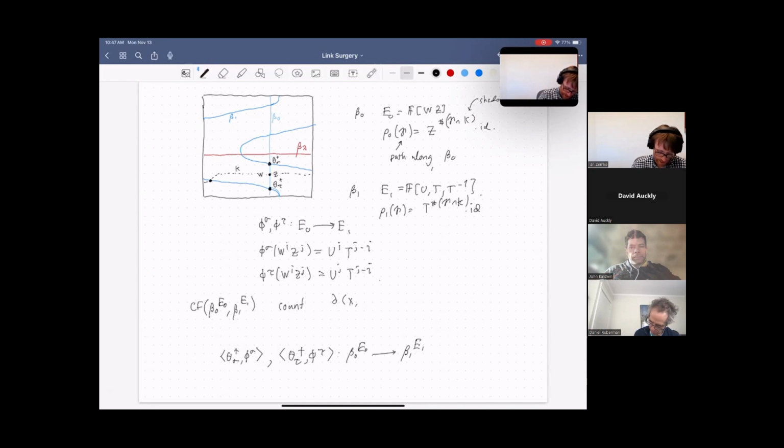We're going to sum over y. Let's say if I have a disk from x to y, then what are we going to do? We're just going to count. Let's say this is beta 0 and this is beta 1. I'm going to count the intersections with k and mark them here, and I'll count the intersections on both of them.